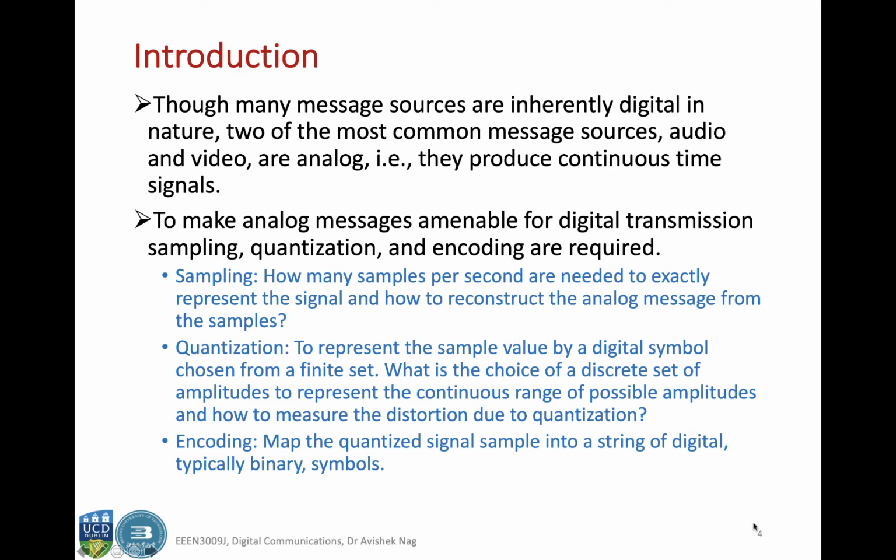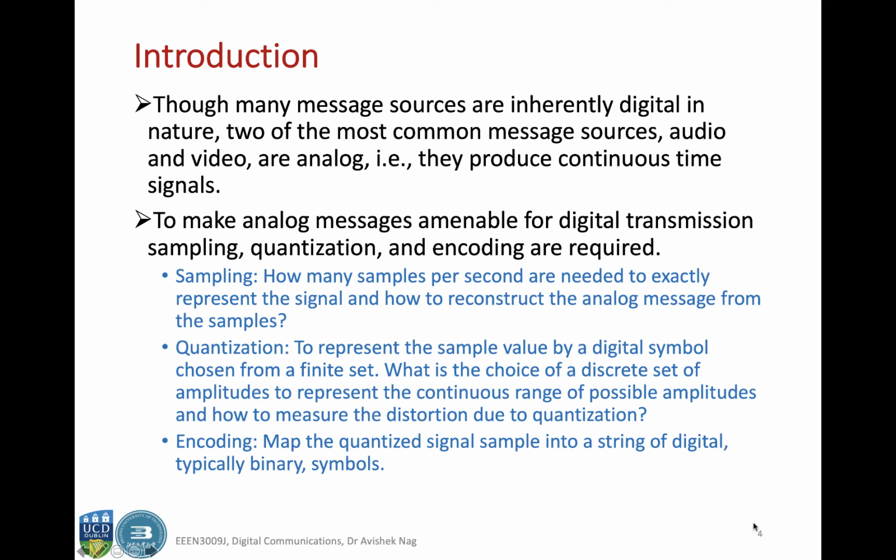That is called sampling. And once you sample the signal, you take those sample values and then you represent that value by a digital symbol that is chosen from a finite set.